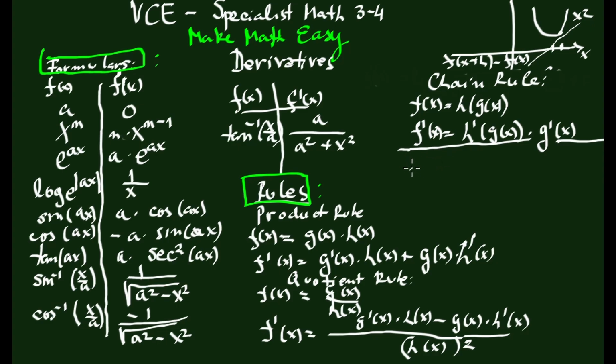Another, very useful way is you treat this g of x as, say, u. So you say u is equal to g of x, and then you can write h of u. So your f of x, or your y, becomes h of u.